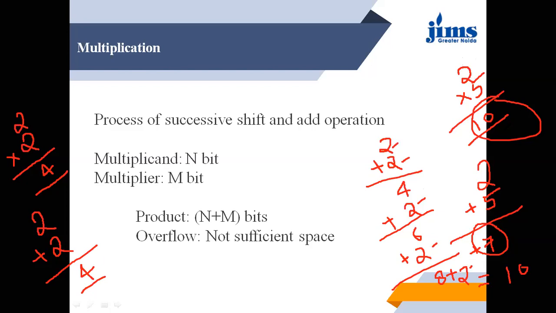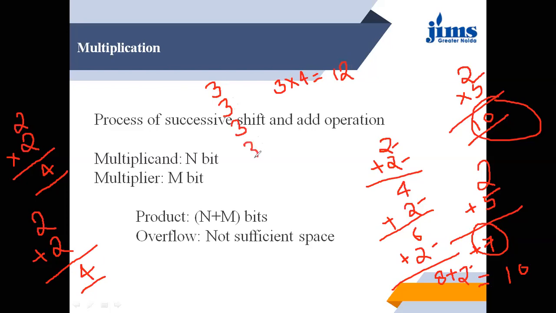Suppose again I want to find the multiplication of 3 with 4. 3 multiplied by 4 is 12. So what I can do is add the number 3 four times. This is 1, 2, 3 and 4.